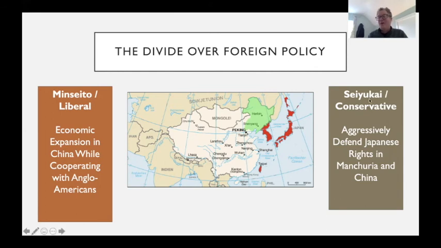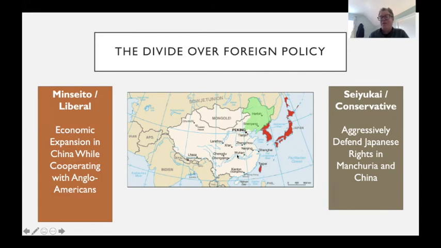Now, the Seiyukai Party believes that Japan needs to aggressively defend its rights in Manchuria and China. There is a view that if things get out of control in this area or become too unstable, the Soviet Union could gain dominance in this area, and this would immediately threaten Japan's interests in the region.